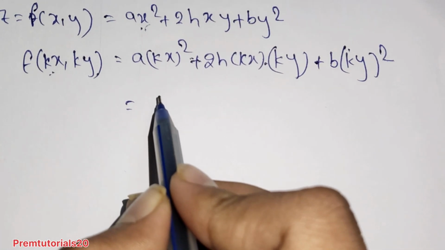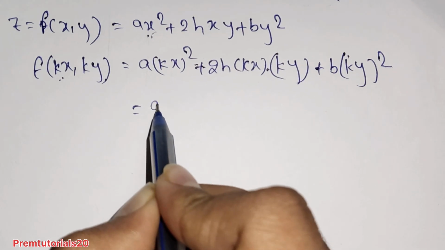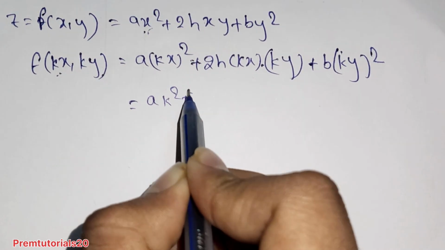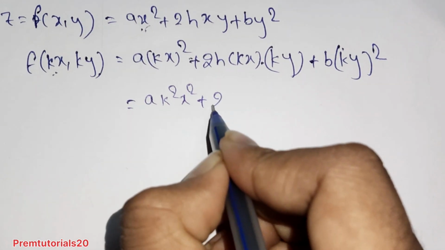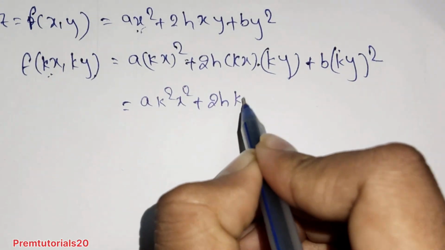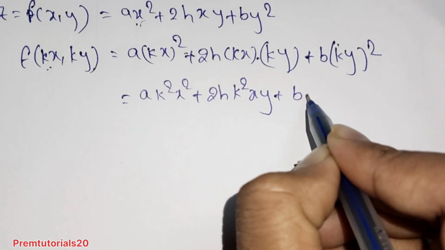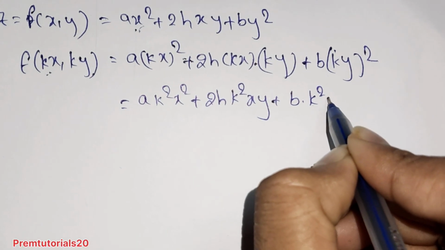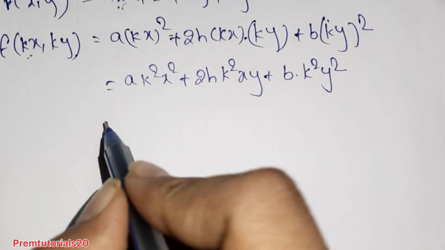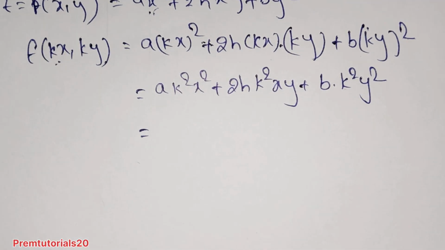Now it's time to expand this: a k²x² + 2h k²xy + b k²y².